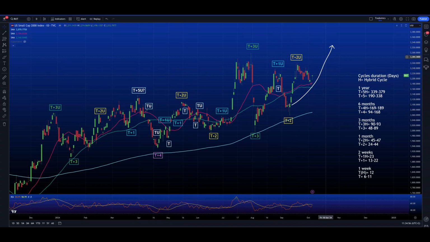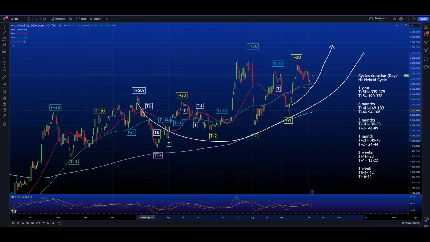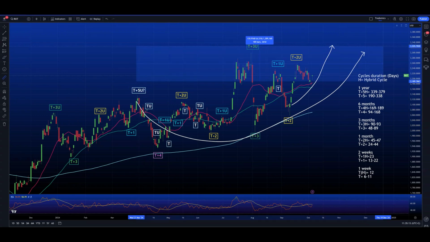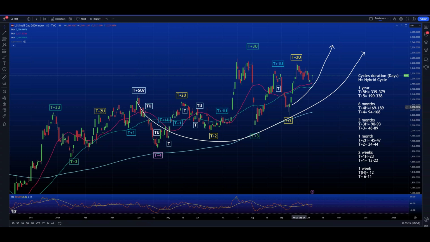What we can expect is then a return back to the absolute tops, because here we have a T plus 5 that is a positive cycle, and therefore we have time to extend the rally up to the minimum duration, which is 190 days. So up to 27 of December 2024, and even beyond 2025, if they wanted to extend until medium and maximum duration. So here it is just a matter of time to return to the absolute tops.